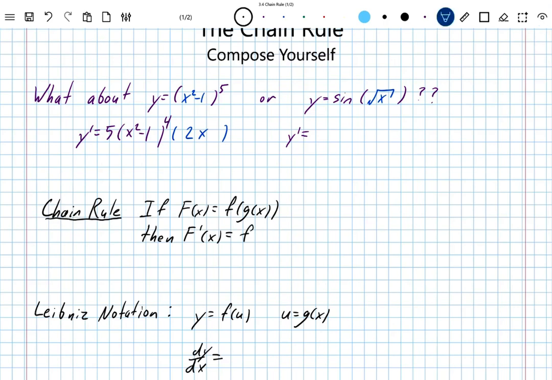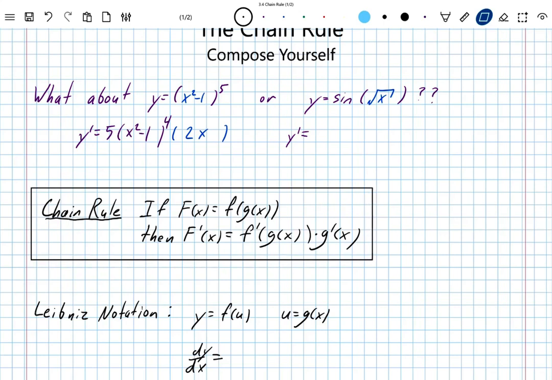You take the derivative of f, and then you leave the inside alone, and you multiply that whole thing by the derivative of the inside. That's it. That's what we just did. It's super important. It has a lot of implications. It's how a lot of fancy analysis and fancy symbols come about, especially when you get into lots of variables. And even in just our next two sections, we'll see it pulling so much weight for us.